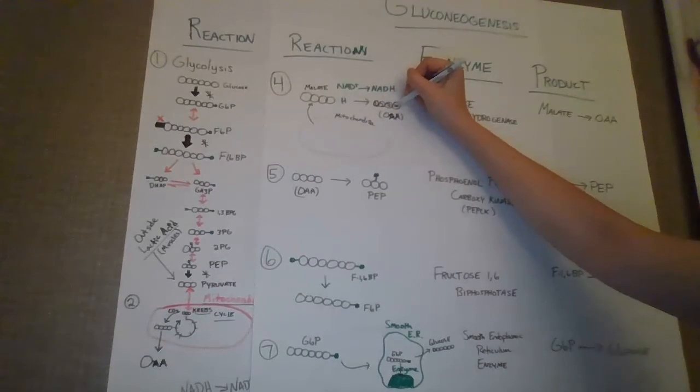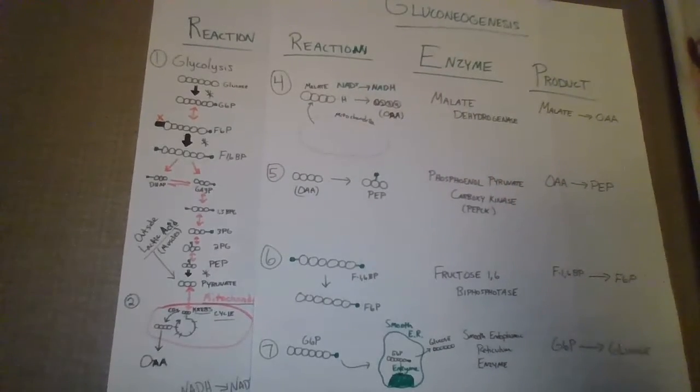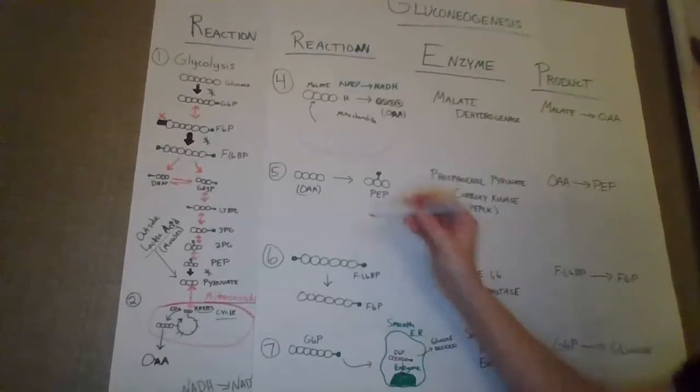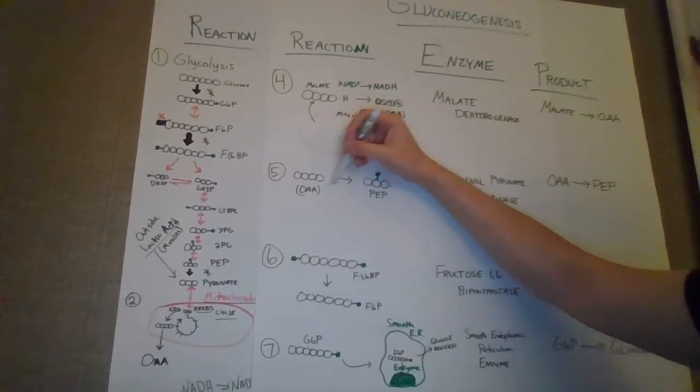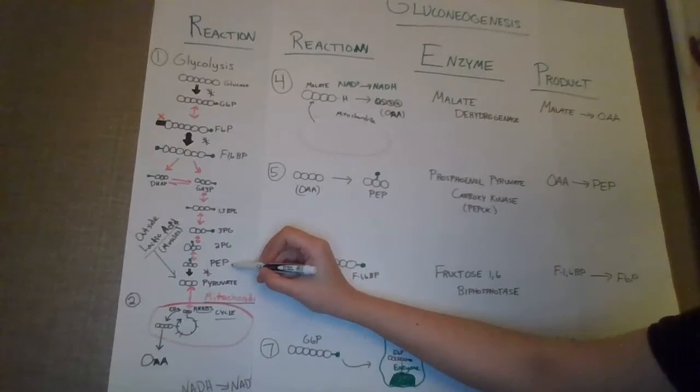And again, it has to do this because OAA can't leave the mitochondria where malate can, but then it wants to convert it back to OAA. The reason is that OAA is easier to convert into our next step. So we are actually going to convert OAA back into PEP, which was this step here in glycolysis. And why are we doing that?